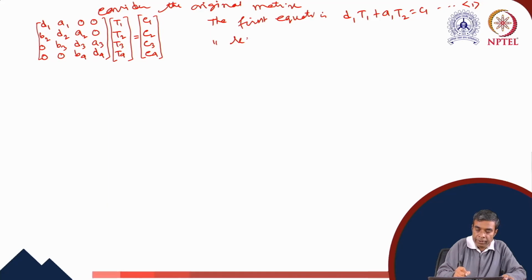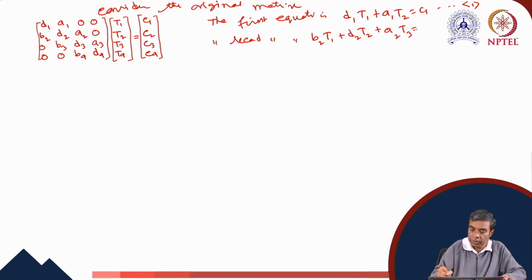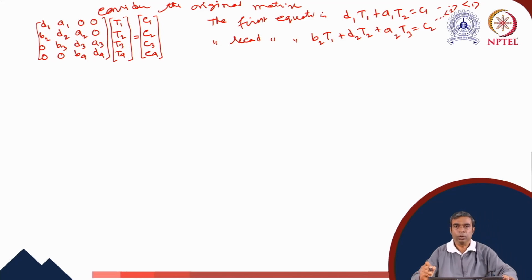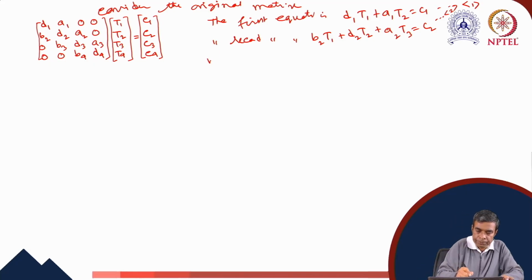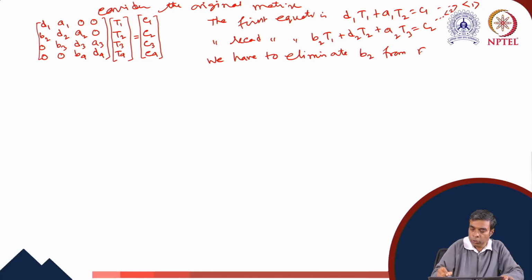The second equation is B2 T1 plus D2 T2 plus A2 T3 equals to C2. Now from these two equations we have to eliminate the coefficient B2. So we have to eliminate B2 from equation 2.